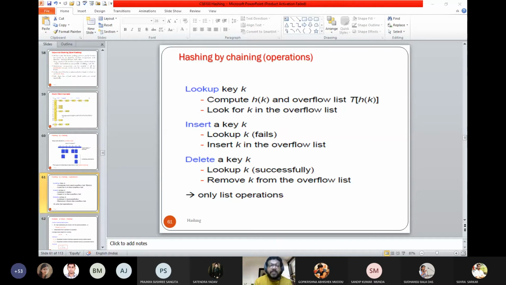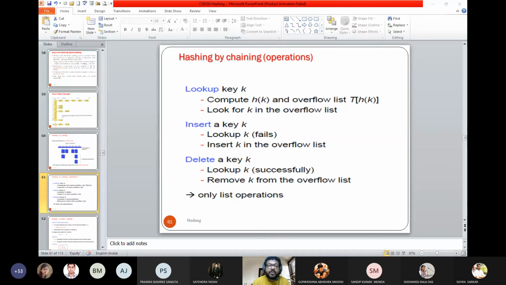Has anybody heard of this? The overflow area. The idea is like this: if you are trying to store into one location and that location is occupied, we are not trying to take the help of any collision resolution technique. Rather, we move to another location.